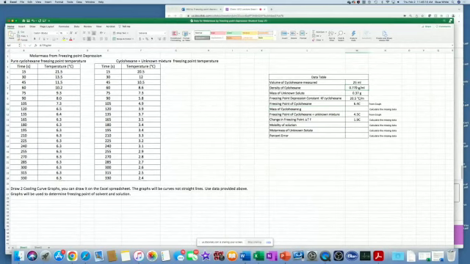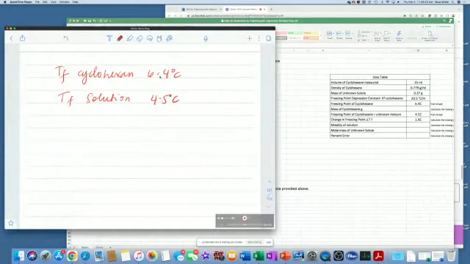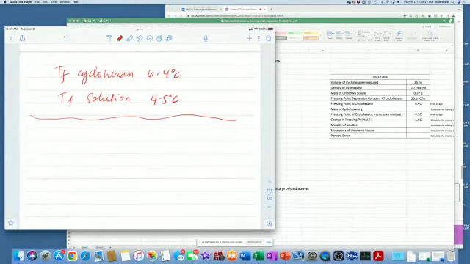So this one here is a better choice. I hope you get what I'm saying, right? We're looking for a number that has grams in it that goes with cyclohexane. So based on that, from these two, we got a delta TF of 1.9 degrees Celsius.